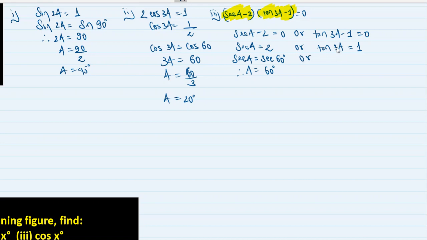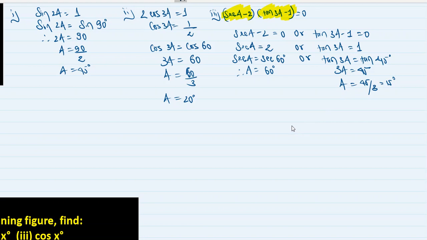Or tan 3A is 1. So tan 3A is equal to tan 45 because tan 45 is 1. So removing tan from both the sides, we get 3A is equal to 45 and A is equal to 45 by 3, which is 15 degrees.